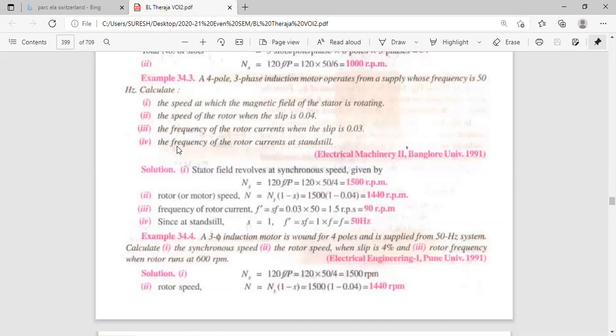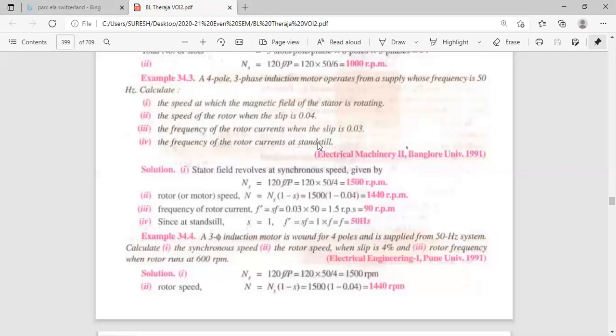Now the last bit, you see. Frequency of the rotor currents at standstill. First of all, you should know what is standstill. What do you mean by standstill? What is the meaning of rotor is standstill? Rotor is not running.